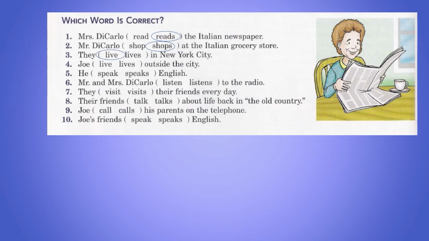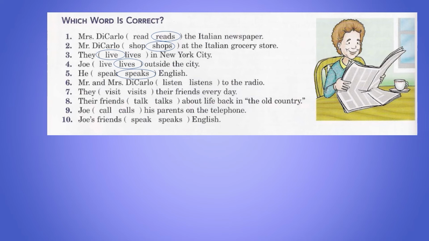The answer is lives. Joe lives outside the city. Number 5. He speaks English. The answer is speaks. He speaks English.